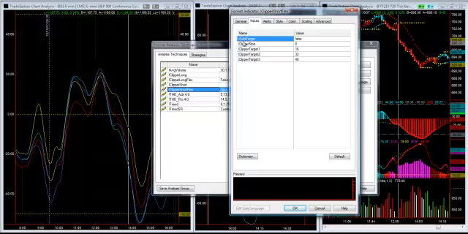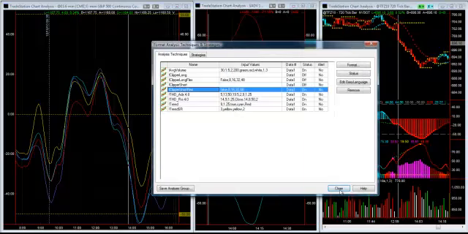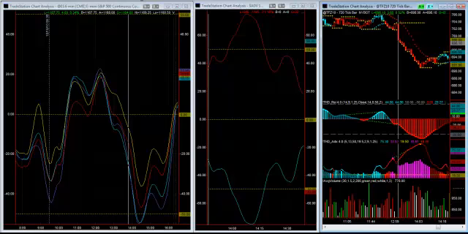The clipper short flexible, you can either use it as our standard clipper, and we would just set that to true, or we can set it to false, which I have in this case. I've put my stop at 8 ticks. My first profit target is 16 ticks. My second profit target is 32 ticks. My third profit target is 48 ticks. We are now ready to insert that onto the chart.